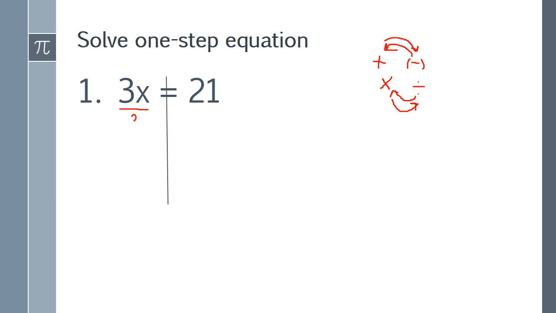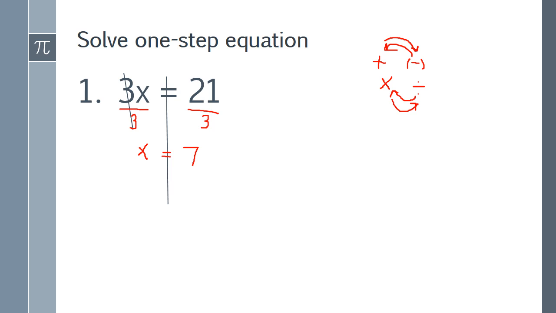That means I need to divide by 3 on both sides. And I'm going to end up with x equals, 3 and 3 are going to cancel each other, and I'm going to end up with 7.